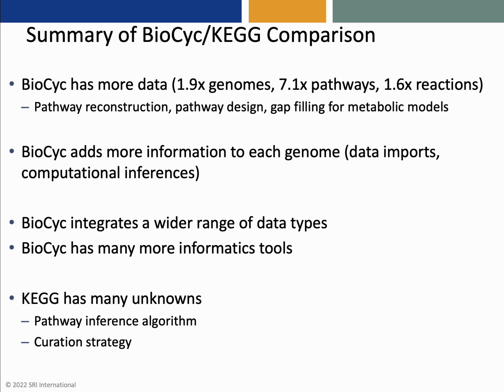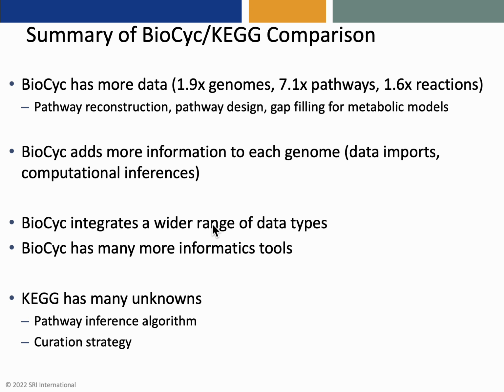We also saw that BioCyc adds more information to each genome by doing both data imports and computational inferences. So it assembles an organism database that has a wider repertoire of data than does KEGG. Examples being gene essentiality data and protein feature data.